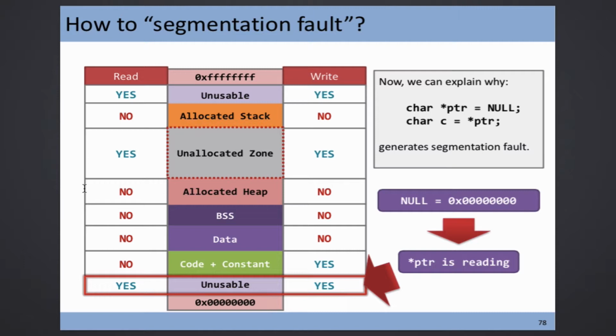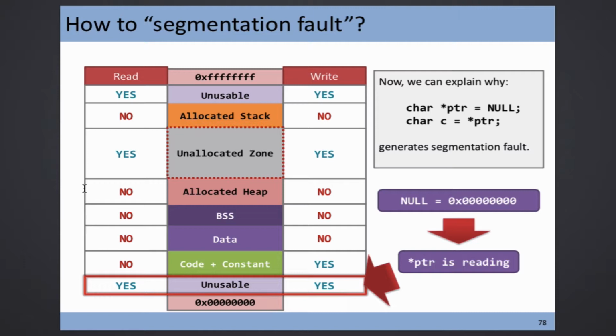What will happen next? If I touch this red line, I go into the unusable zone, segmentation fault. Then I can measure exactly where this location is. Now, I give you another question. Can I measure this line?